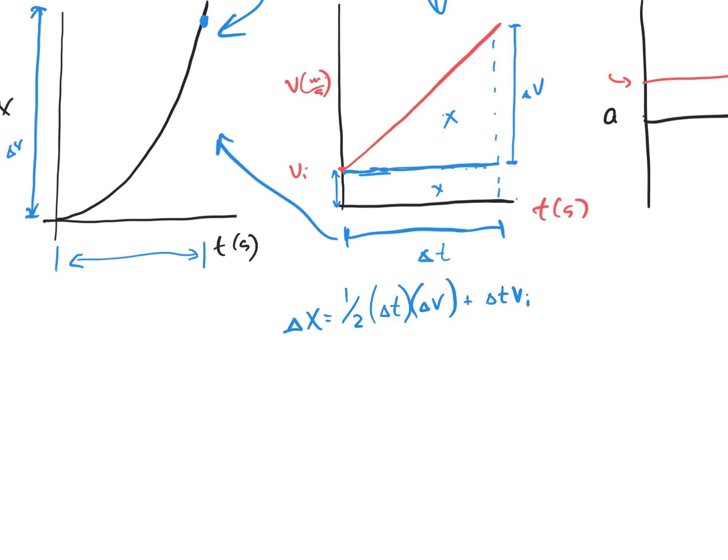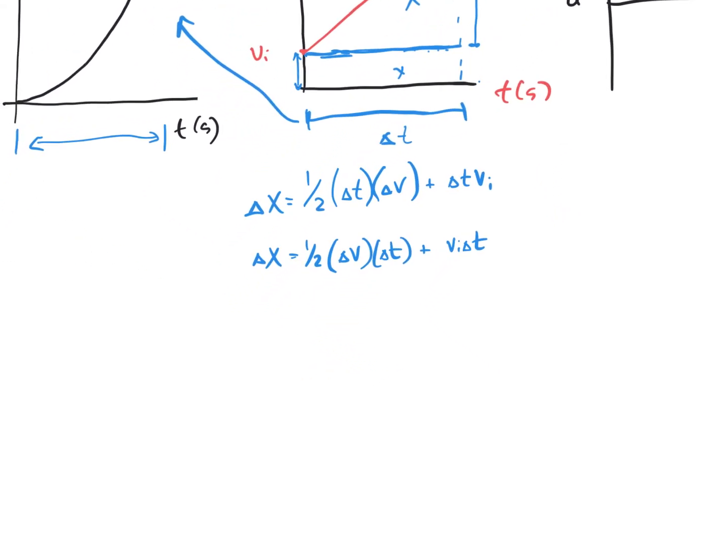Now I'm going to rearrange this a little bit the way that we more normally see it written. 1/2 delta v times delta t plus v initial delta t. Now I had said before that we actually want this equation to be in terms of acceleration. So here's how we get to that.